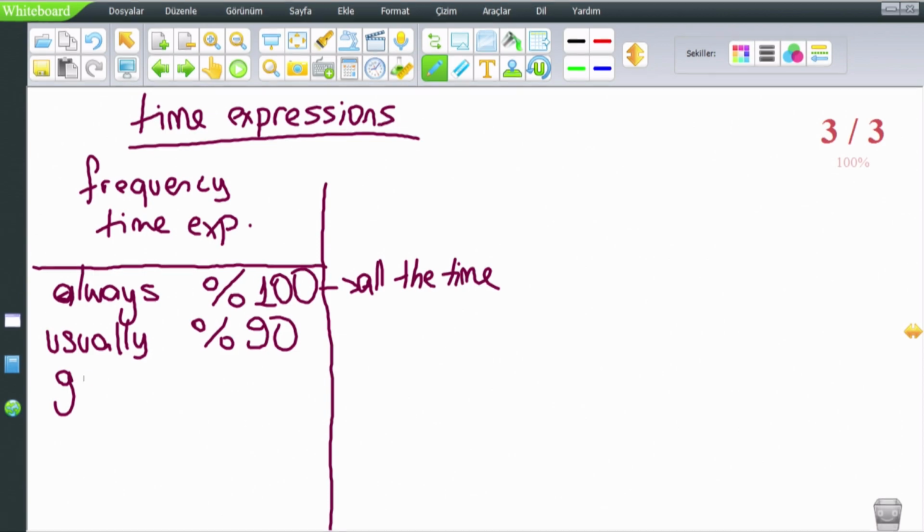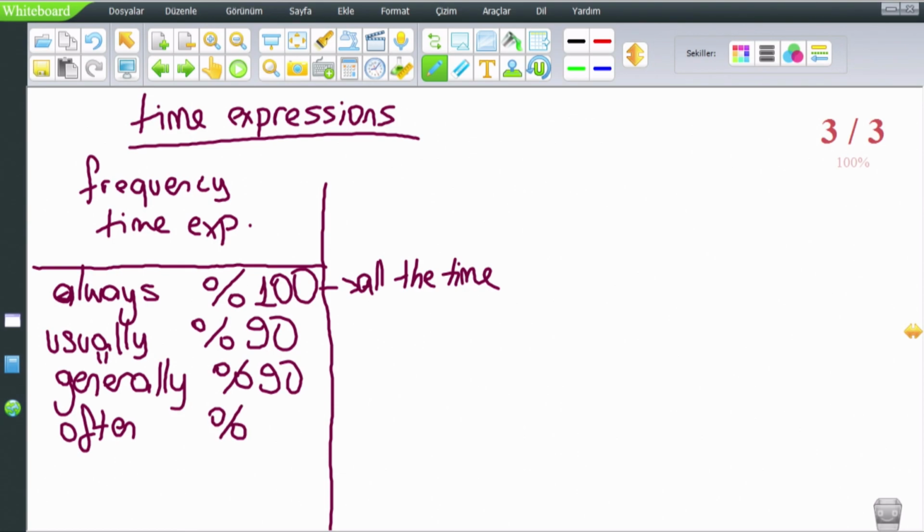We have generally, another frequency time expression. Again, they are equal to each other, usually and generally. So I can again say 90% for generally. We have often, again, it can happen pretty often. We're talking about something that happens on a regular basis. So let's say 80%.